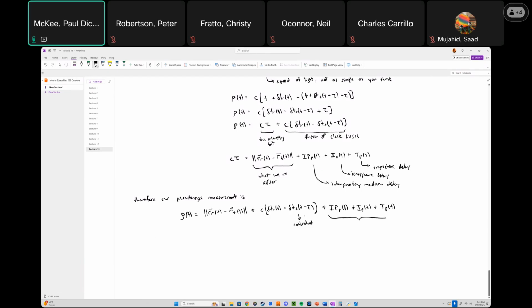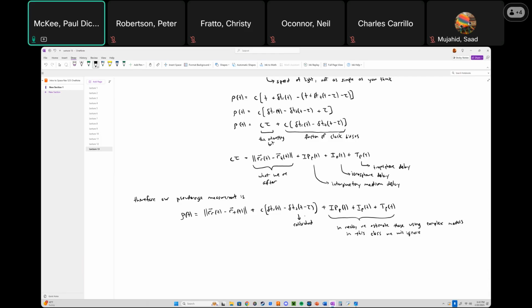In reality, we estimate these using complex models. In this class, we will ignore them. Which is strictly cheating. You can't do that on a real GPS problem, but this is an introductory course.